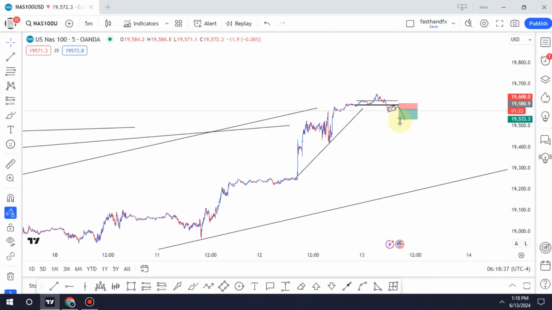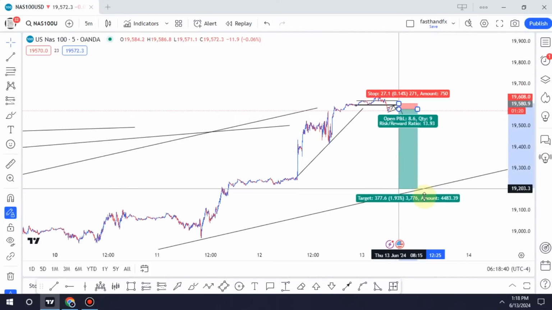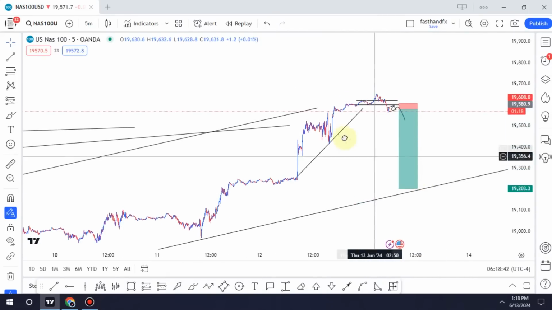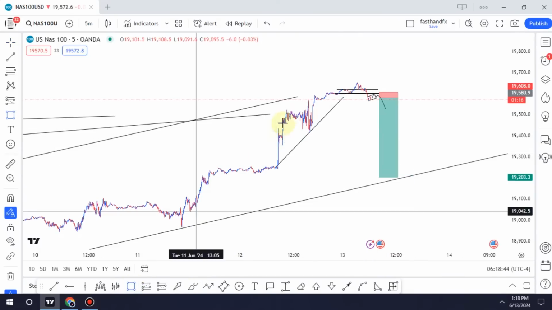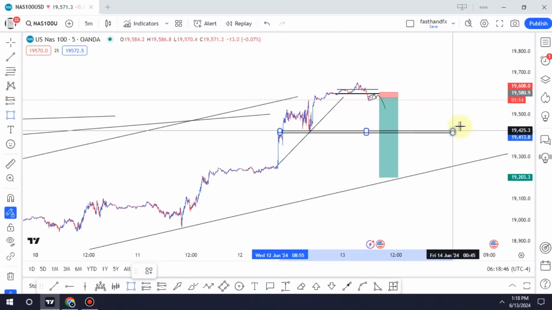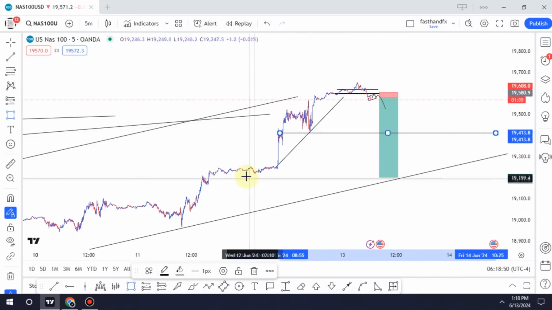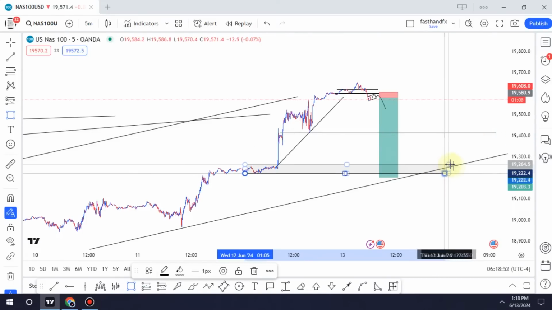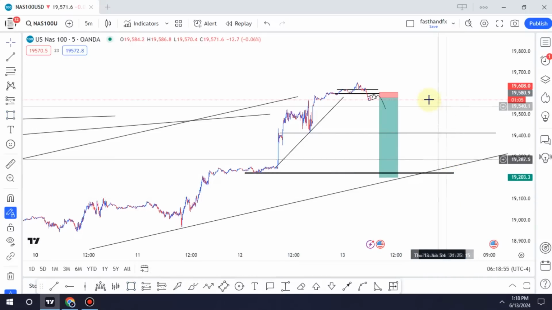Where should our target be? Basically right here, right? But we should divide this, with a first TP right there, and of course we need this as the final TP, whichever, right? So that is the best way. I hope you guys understood that short thing.